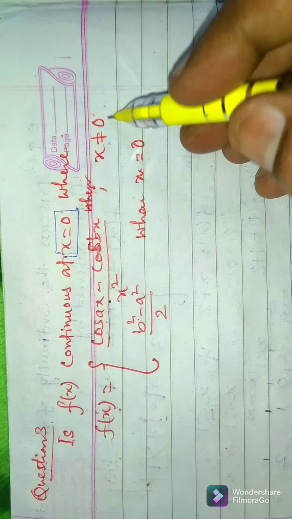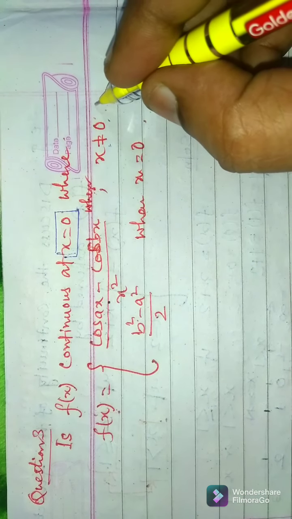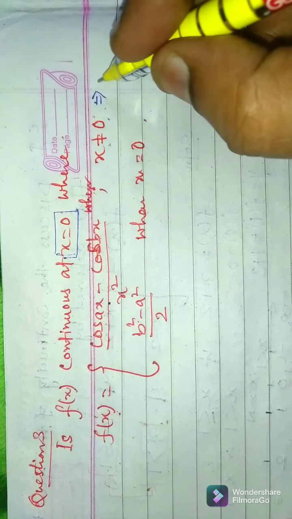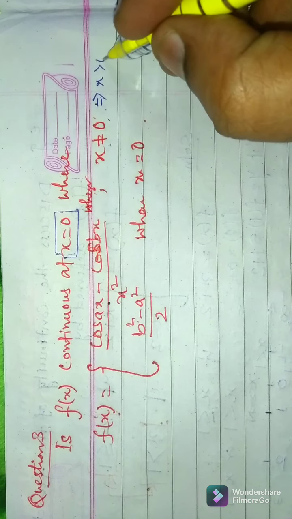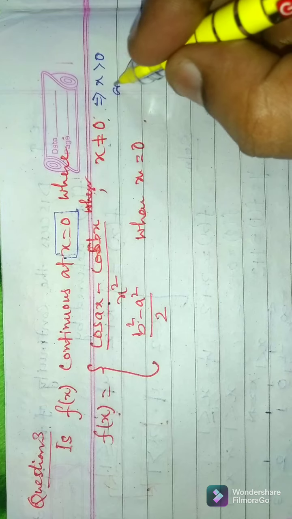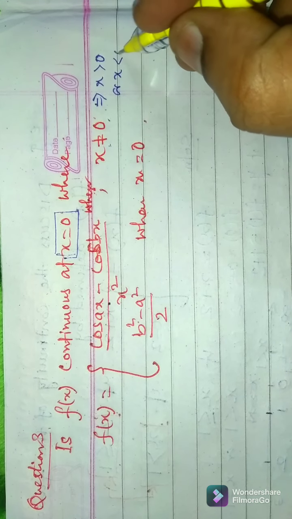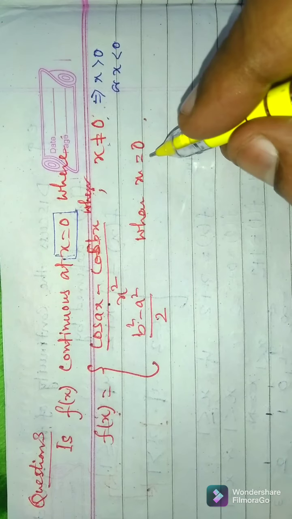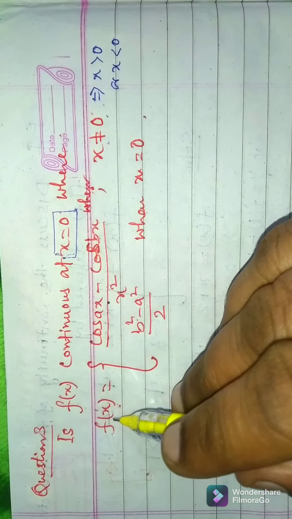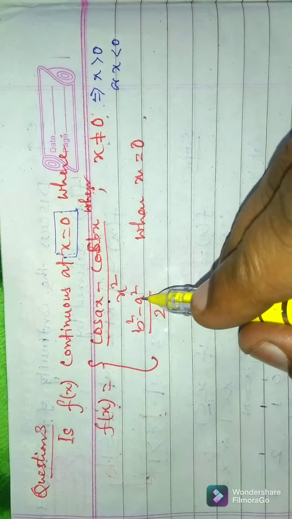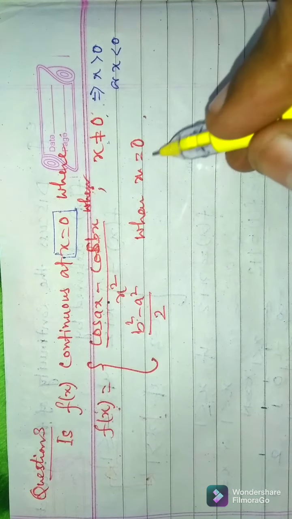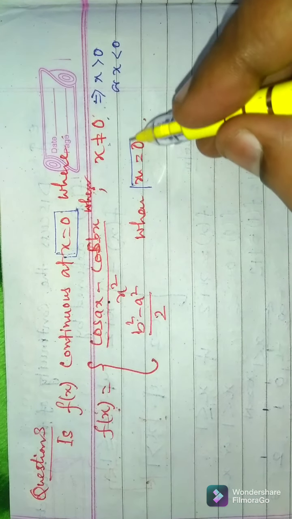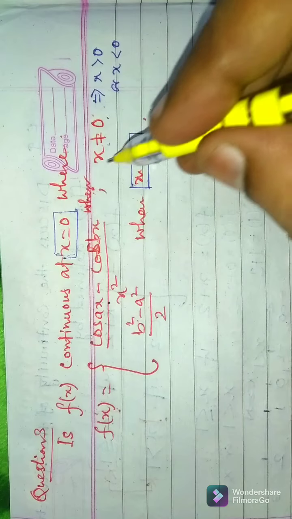X is not equal to 0 means either x is greater than 0 or x is less than 0, both. But x is not equal to 0. Here, the value of the function f(x) is equal to (b square minus a square) upon 2 when x is equal to 0. So the condition is very important.